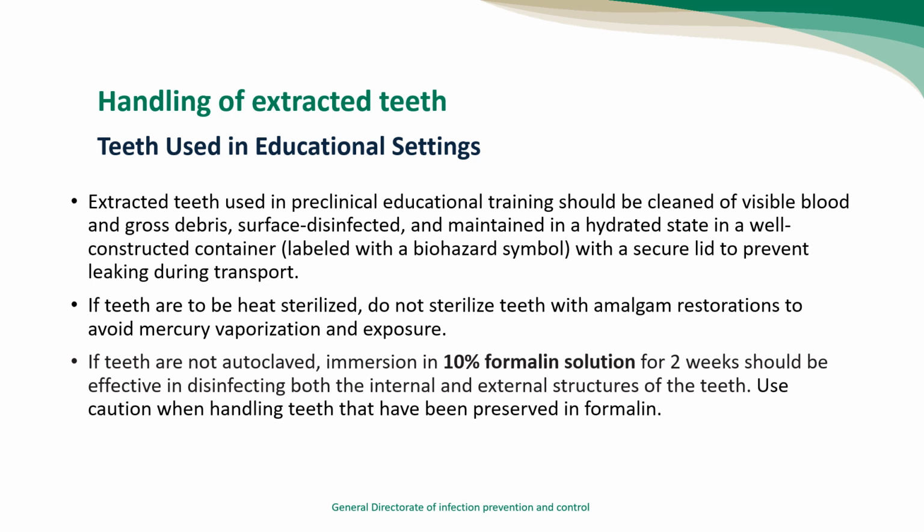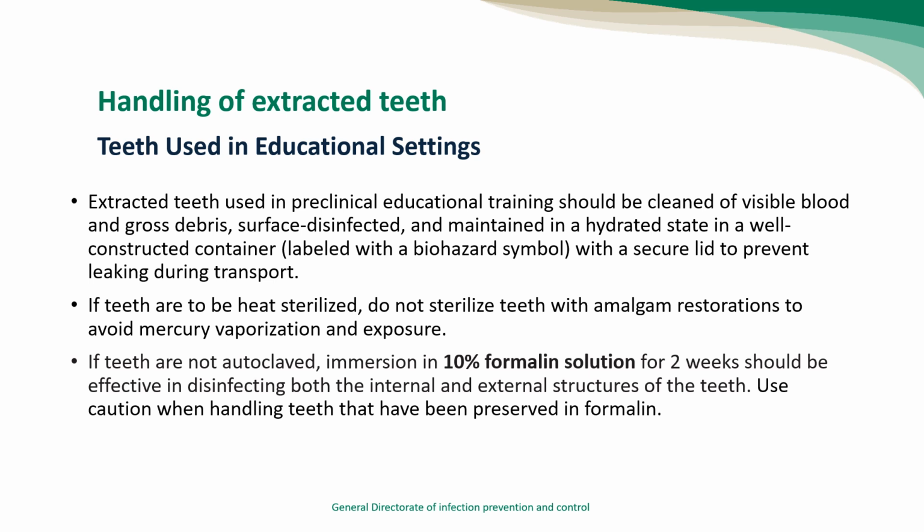transport. If the tooth does not contain amalgam, you can heat sterilize it in the autoclave, and you can use water or saline as storage solution. But if the tooth contains amalgam, then do not sterilize it, to avoid mercury evaporation and exposure.